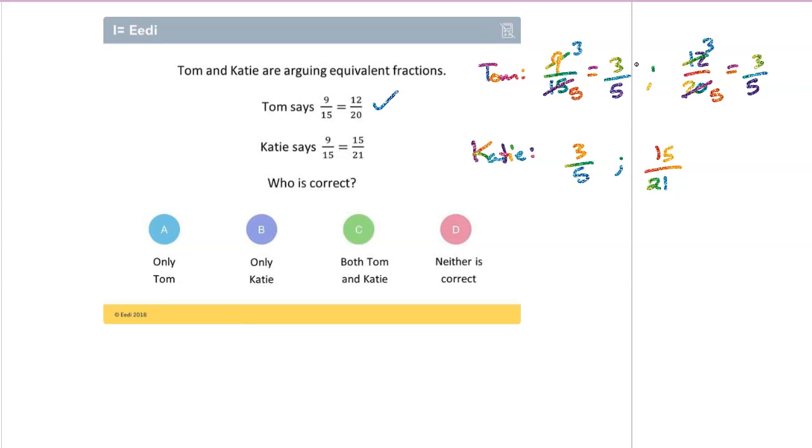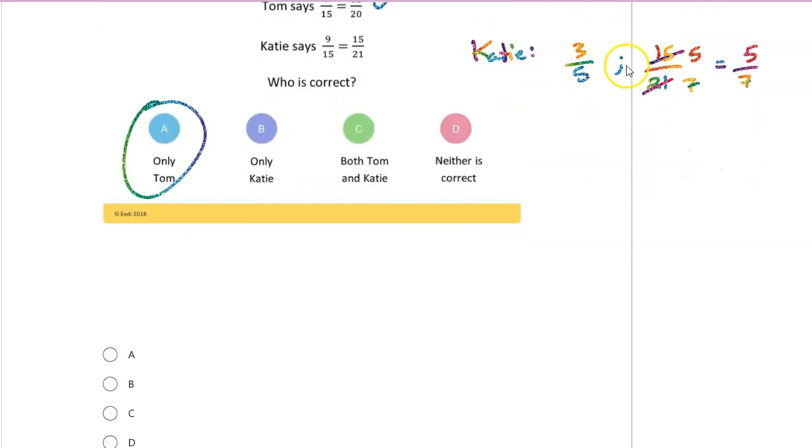That means I can simplify. 3 goes into 15 5 times, 3 goes into 21 7 times. So that fraction, 15 over 21, is equal to 5/7. 3/5 is not the same as 5/7, so on this occasion, only Tom is correct.